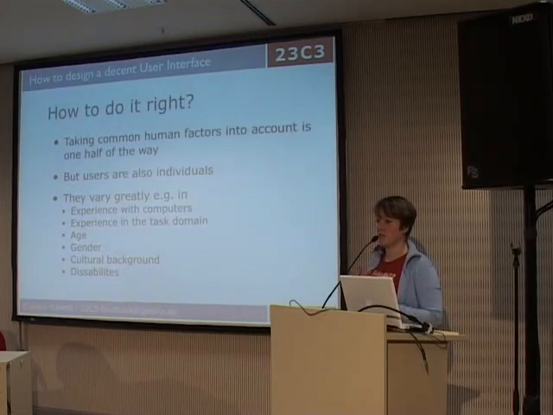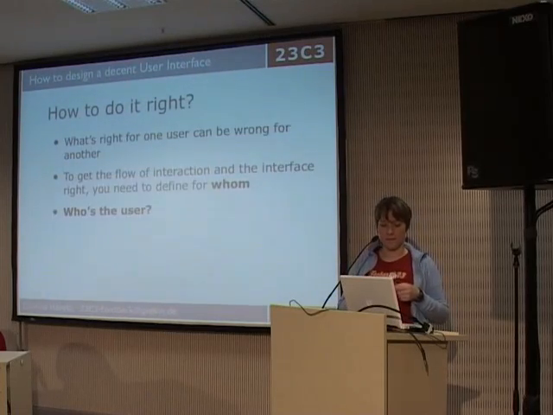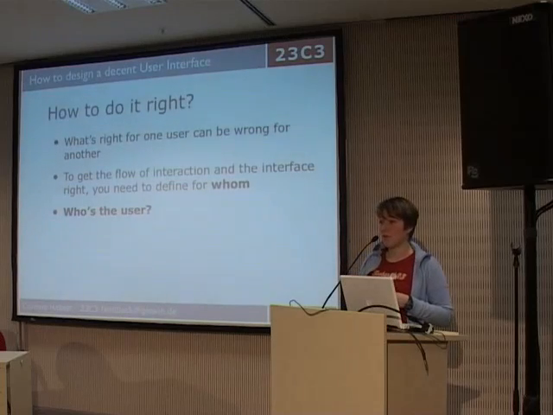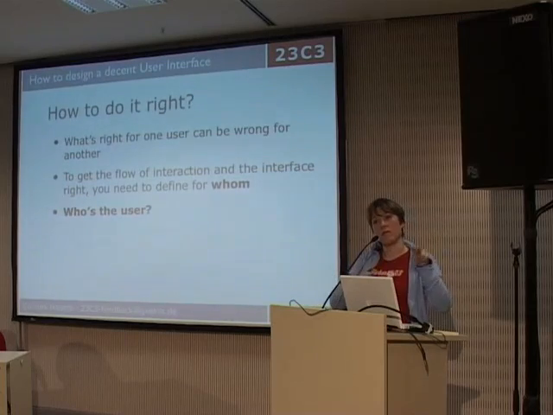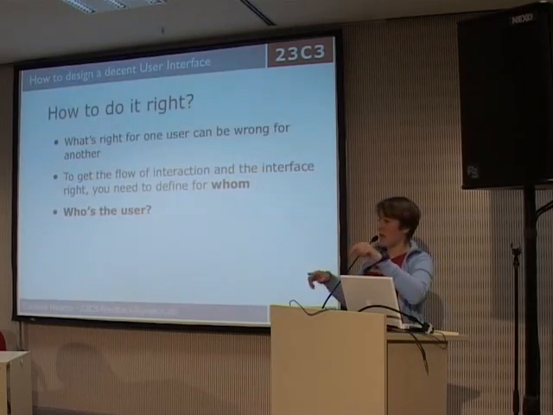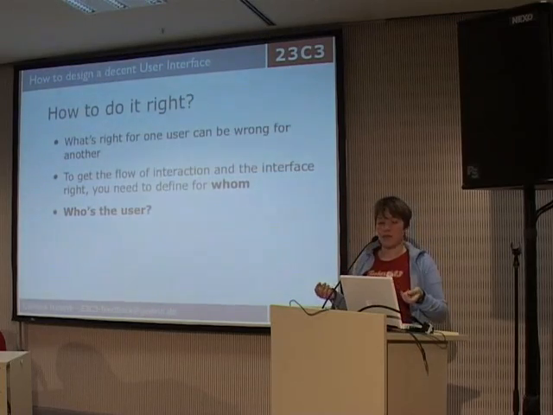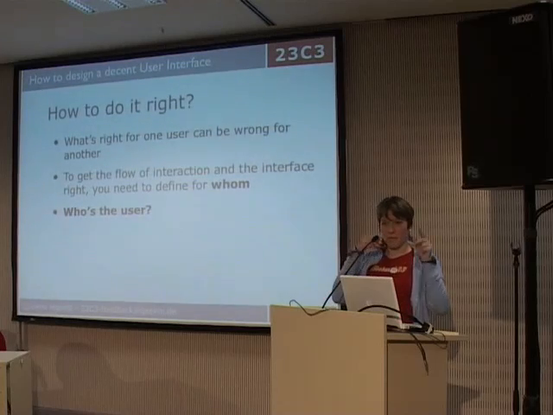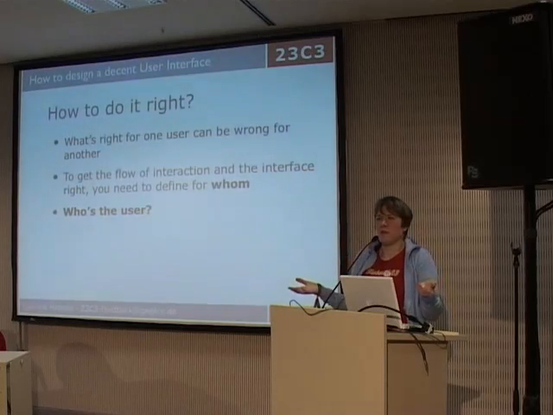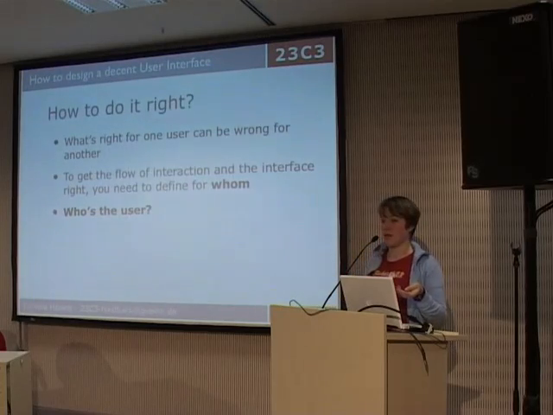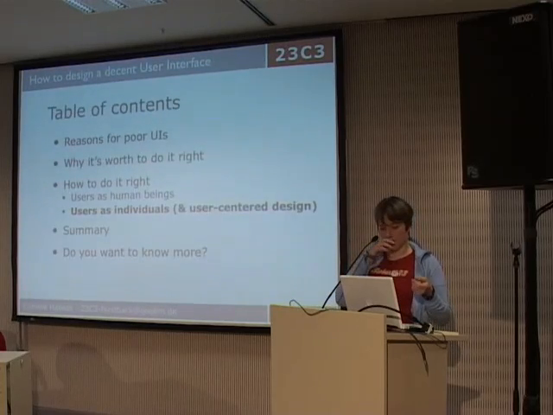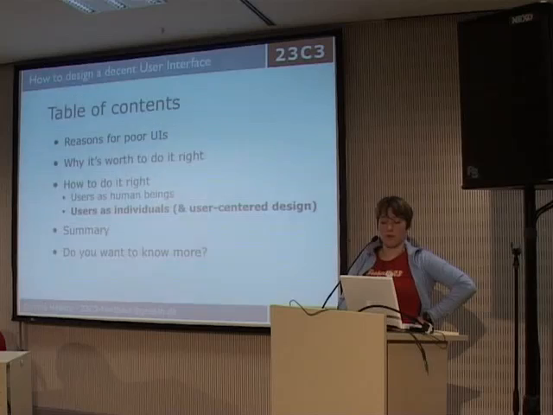Some of us have disabilities. These are all ways in which we differ. And what is right for one user can be completely wrong for another one. And to get the flow of the interaction right, and the interface and button layout, we need to define right for whom. Who is our user actually here? So that's what we're now going to look at, and it's also a quick introduction to user-centered design.